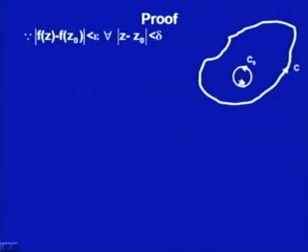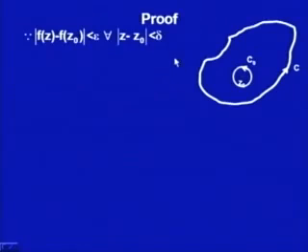That says if I take any small neighborhood of z naught, the difference in the function can always be made arbitrarily small. So, by the definition of continuity, |f(z) minus f(z naught)| is less than epsilon for all z lying in a delta neighborhood of z naught, that is, mod of z minus z naught is less than delta.